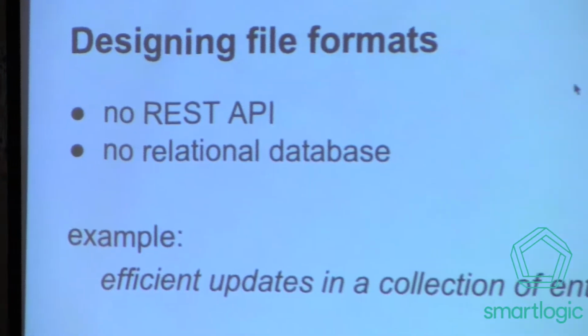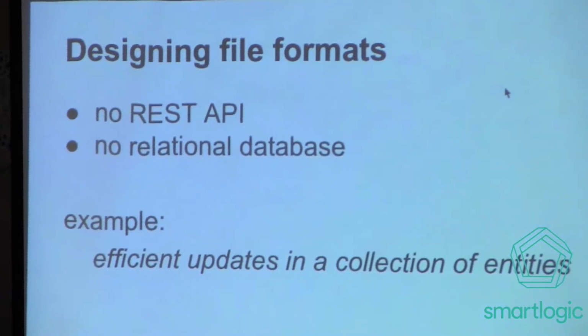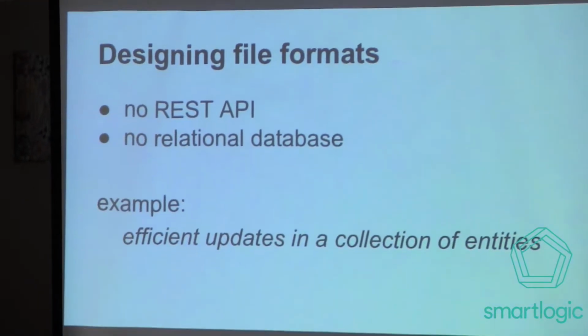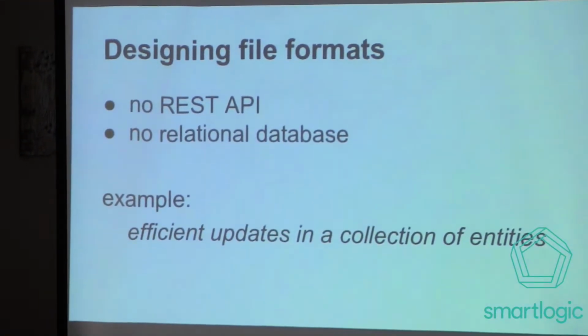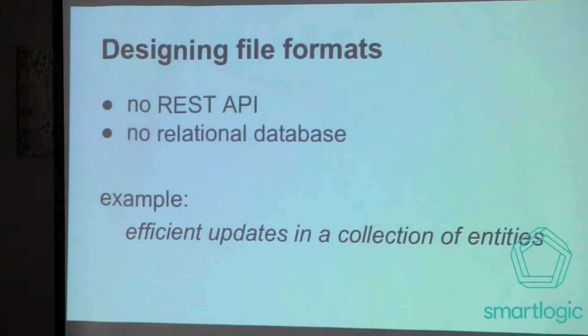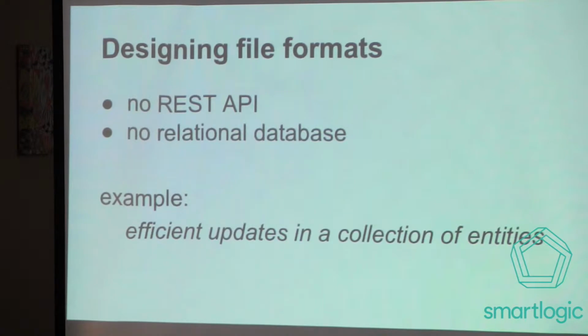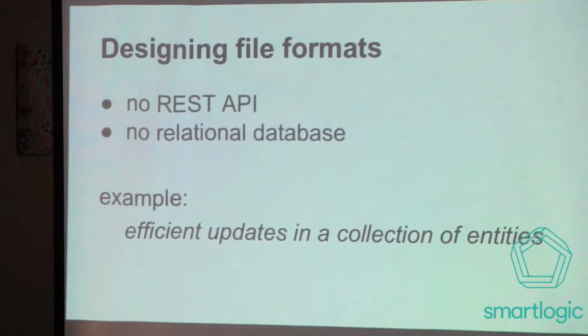For example, efficient updates in a collection of entities. Consider CRUD with a REST interface and a database. It's pretty straightforward to update one thing in a collection, because the database gives you an ID, and you can use that ID to get an entity and then make changes to it.